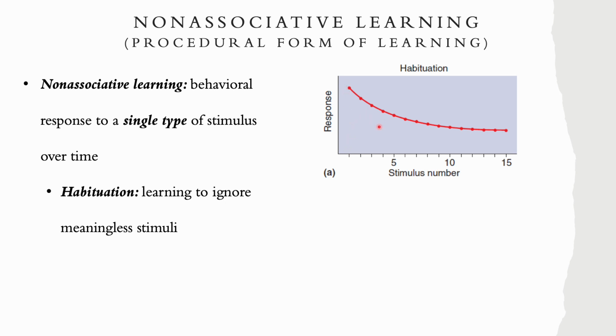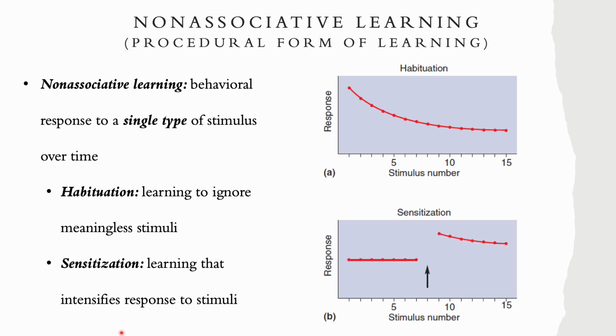However, over time, as the horn continually sounds, you're going to have a decreased response, and this is known as habituation. There's also another form of non-associative learning called sensitization. This is learning that intensifies the response to a stimulus. For example, a stimulus could increase sensitization, or a response to a particular stimulus.